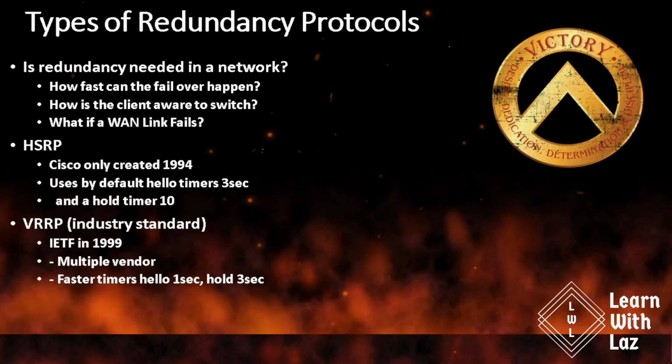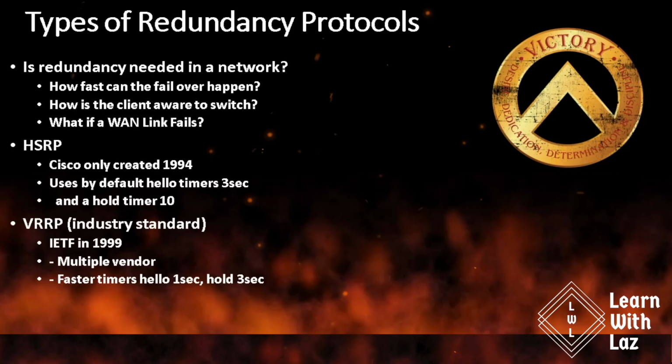But questions that we need to ask is, how fast can the failover happen? Meaning, if you're going out one gateway and that gateway fails, how quickly can the client switch over to the other router? That's the redundancy. Is it something that has to happen manually, or the protocol is going to handle it itself?